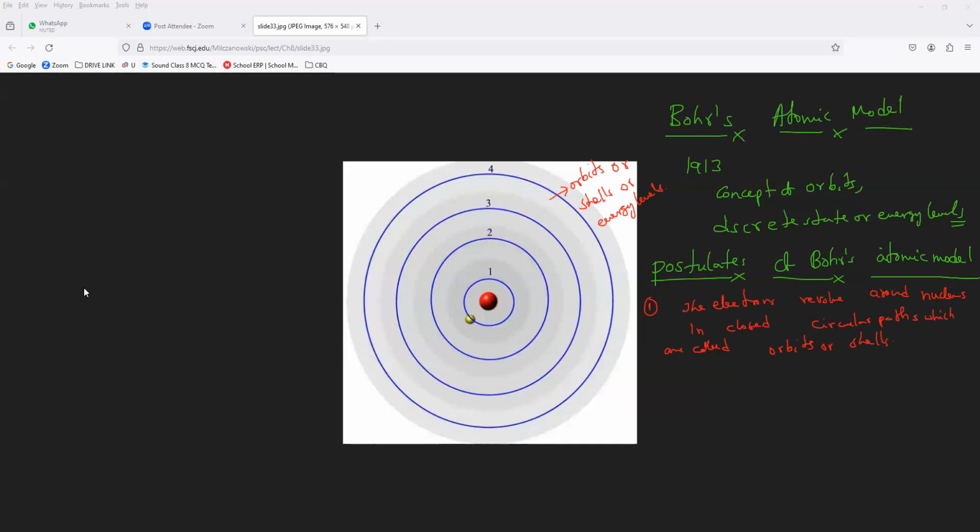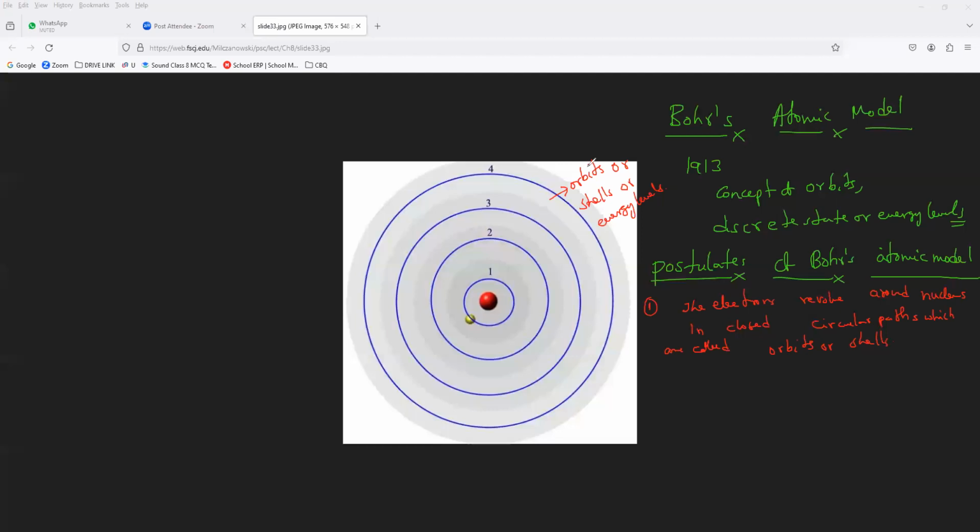Second point. The second point he said is that the protons and neutrons are present in the nucleus, and that nucleus is responsible for the total mass of the atom. The nucleus is positively charged because of the presence of protons.